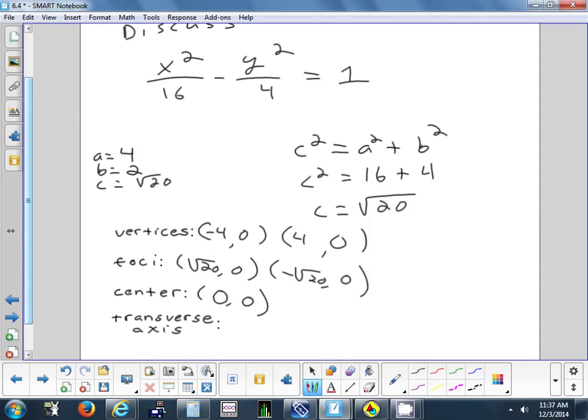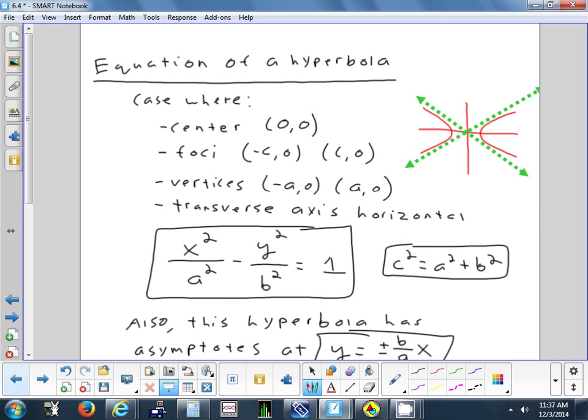And now I want to know which way the transverse axis goes. You get two choices, horizontal or vertical. Here's how you can tell with a hyperbola. Look at where the minus is. The y is negative. I want you to look at the one that's positive this time. It's the x. Whichever one is positive, that's the direction of the transverse axis. So it's a little different than an ellipse.